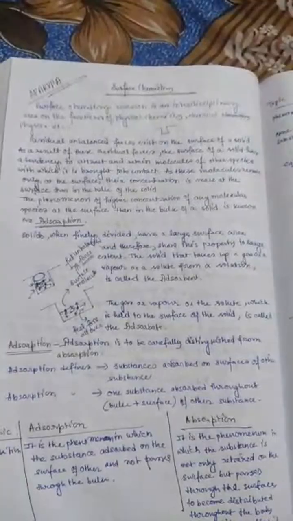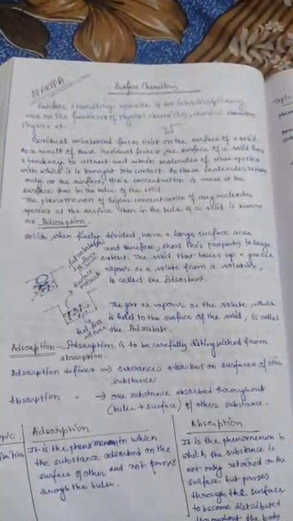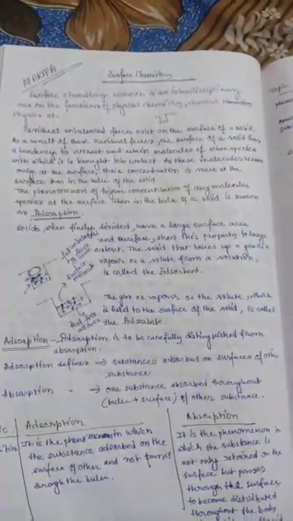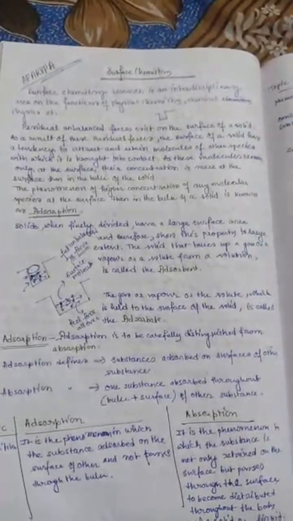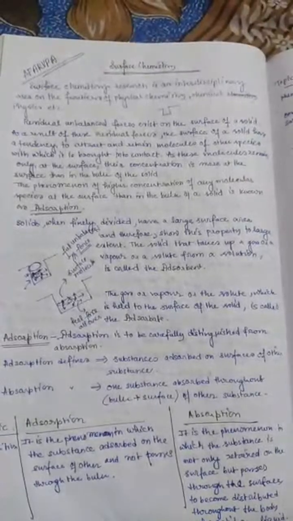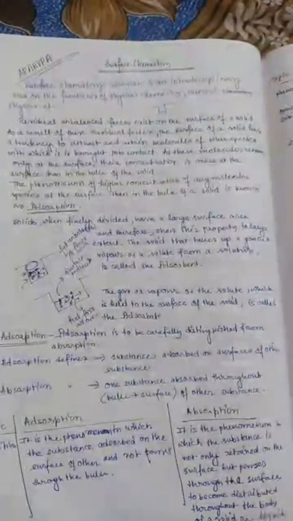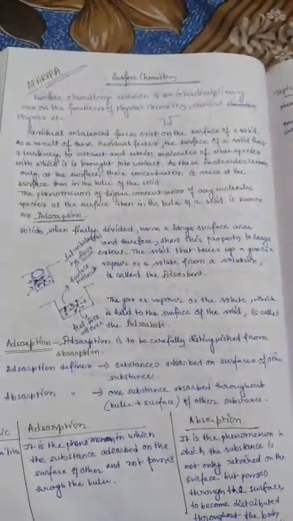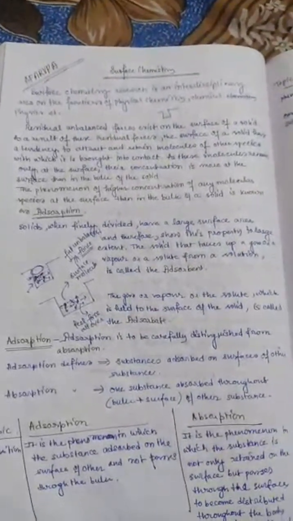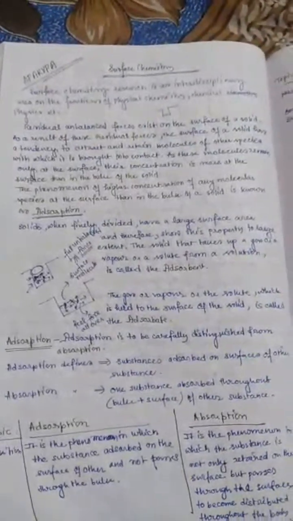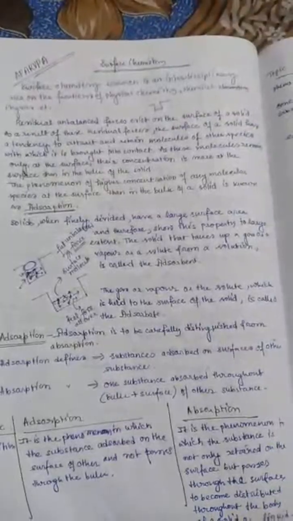When the surface area of any metal increases, any type of gas attracted to the surface will be greater. When the surface area is greater, adsorption is also greater, because adsorption is a surface phenomenon.